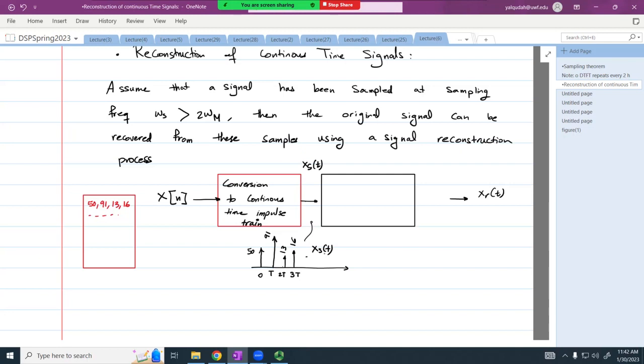I'm going to take it through an ideal low-pass filter, h of j omega. It has a bandwidth that is equal to omega cutoff. And that will give me the recovered signal, xr of t.